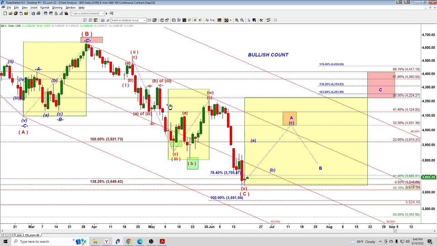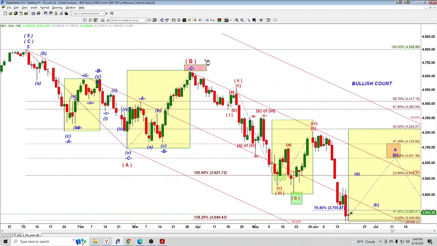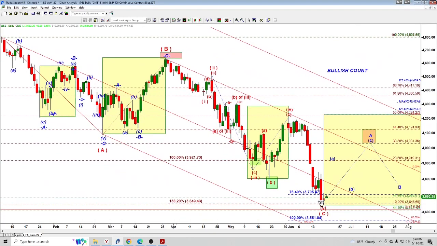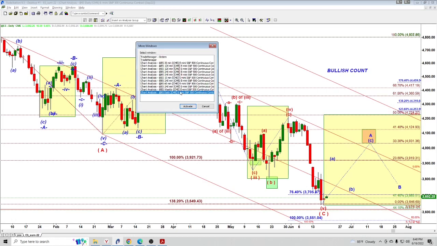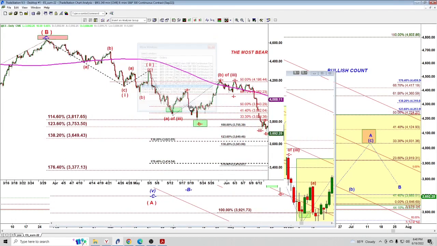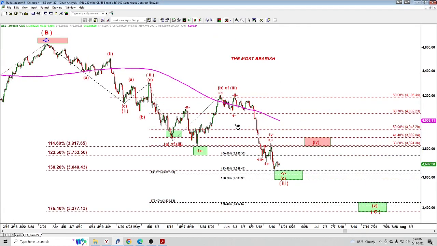So it's a viable scenario that the whole ABC move down of the top made in January actually has already bottomed. But we still should keep in mind that bearish structure, and under the bearish structure the wave C down has not bottomed yet.